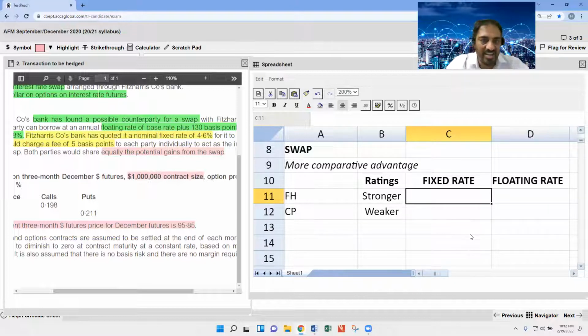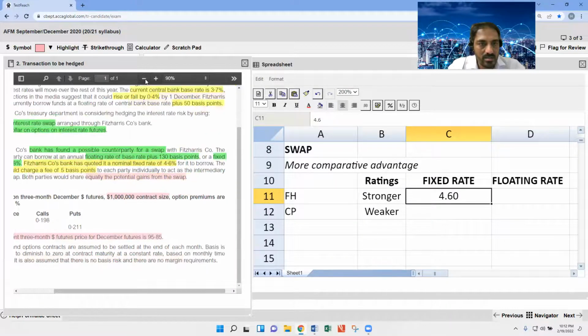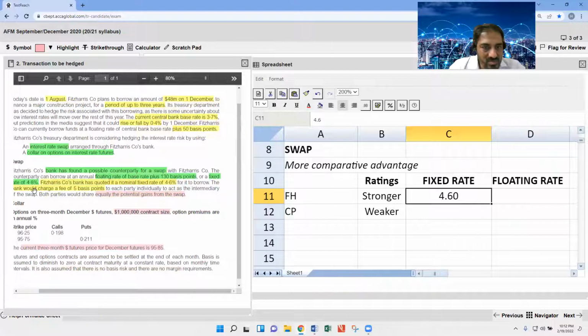What is the fixed rate here? Quickly. Fitz Harris 4.6%. And the another company 4.8%.